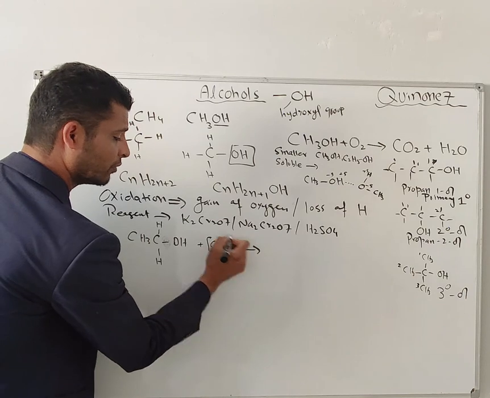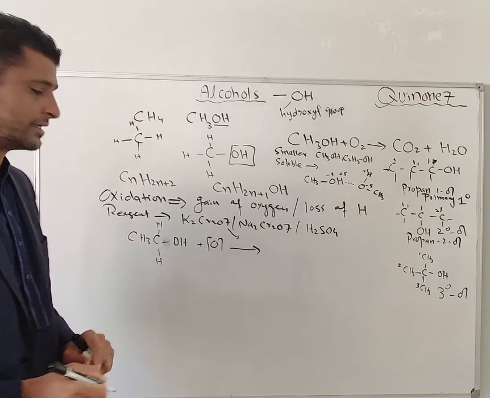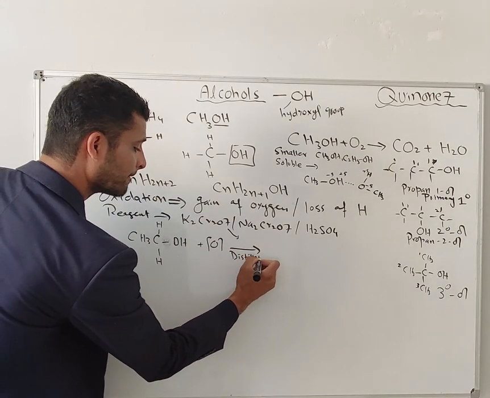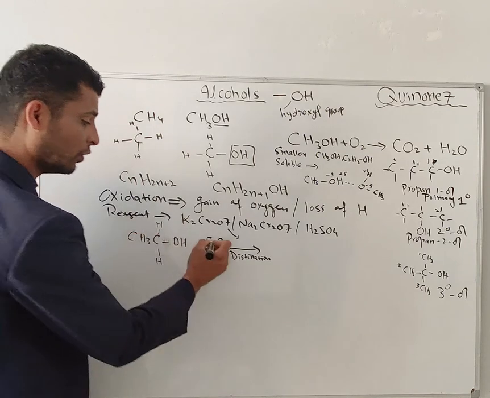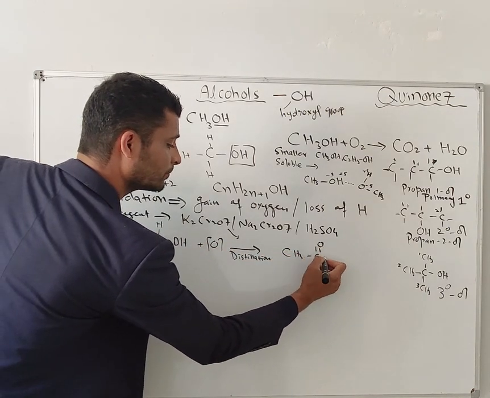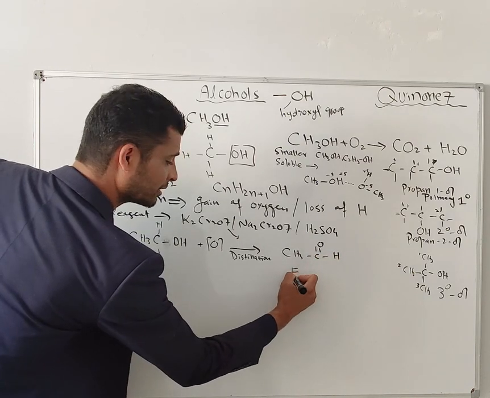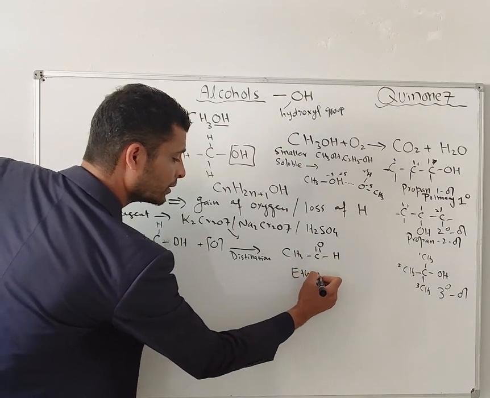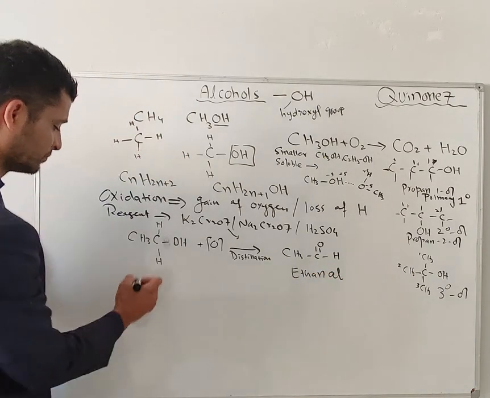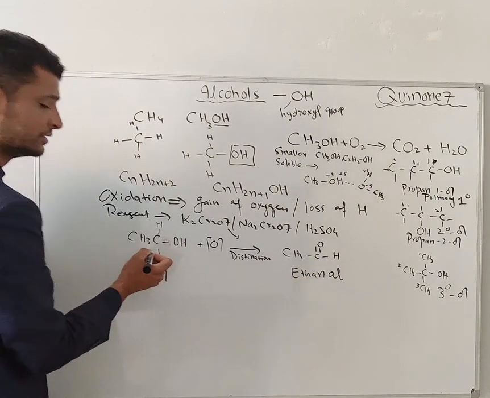On the arrow, you write K2Cr2O7 and sulfuric acid. If you use distillation here, ethanol will be converted into ethanal. This is an aldehyde, this is an alcohol.